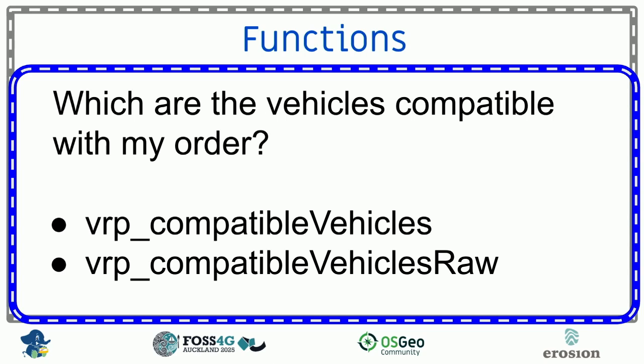So vrpRouting has several functions. These functions that we're looking at here, VRP, compatible vehicles and compatible vehicles raw. The difference is that the functions that do not have the suffix raw use Postgres timestamps.